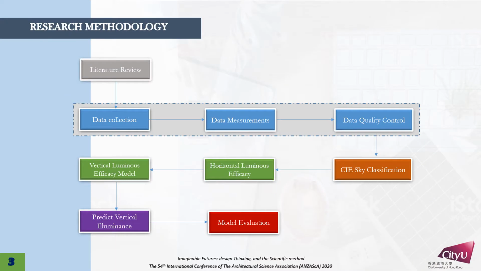The research methodology is as follows: the review of literature, data collection and measurement, data quality control to remove erroneous or spurious data, the identification and classification of the 15 CIE skies, the horizontal luminous efficacy determination, the development of the vertical luminous efficacy model, the prediction of vertical illuminance, and lastly, the model evaluation.